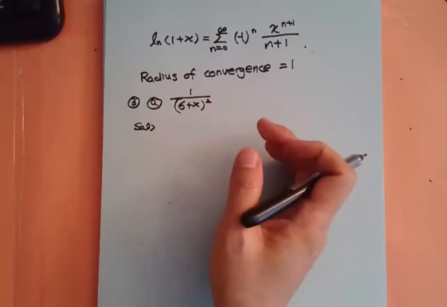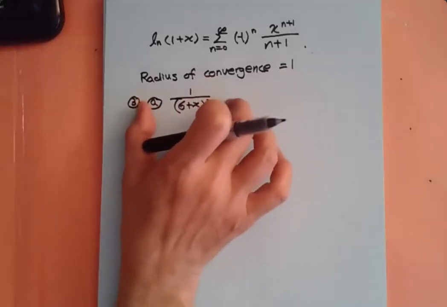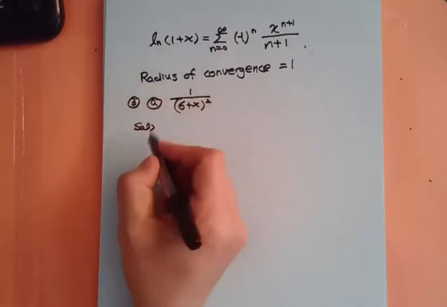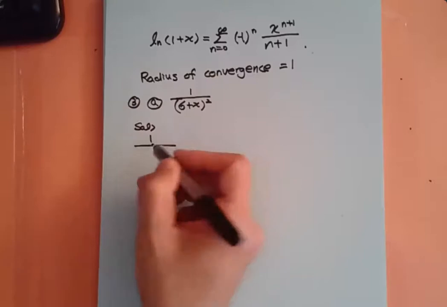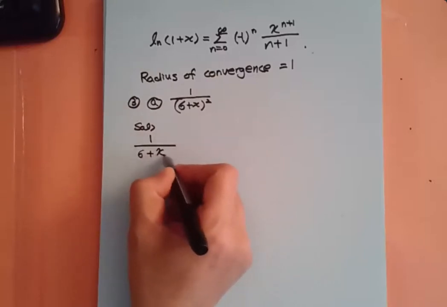And then we want to relate the differentiation of the power series of 1 over 6 plus x with this one. So let's consider the power series of 1 over 6 plus x.